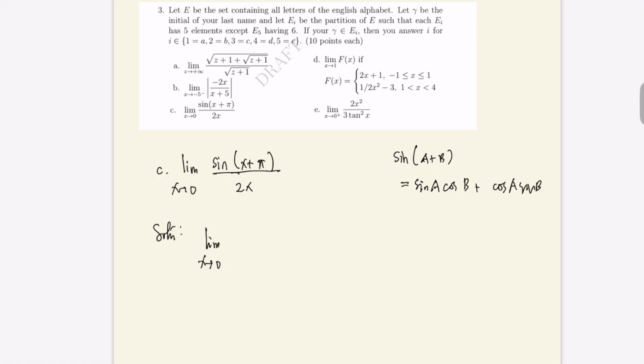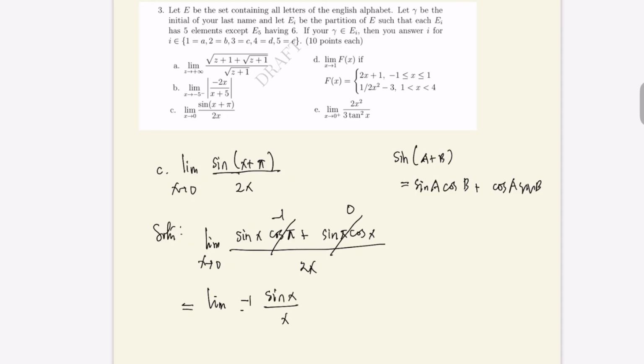So it becomes sine of x cosine of pi plus sine of pi cosine of x, all over 2x. We know that sine of pi is 0, and cosine of pi is negative 1. So this is the limit of negative sine x over x. Then I move the negative 1 over 2 outside, as x approaches 0. So this is negative 1/2 times the limit of sine x over x as x approaches 0.